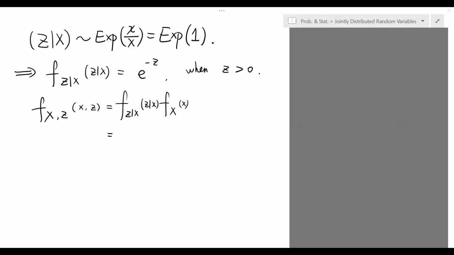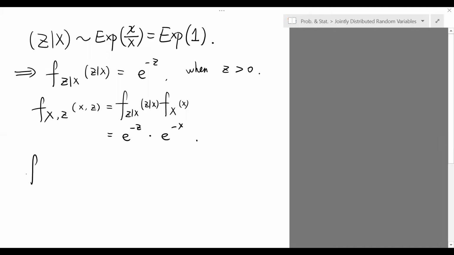Now, to find the joint density of x and z, we only need to multiply these two functions together, which is e to the negative z and e to the negative x respectively.